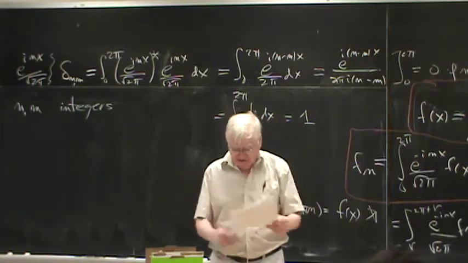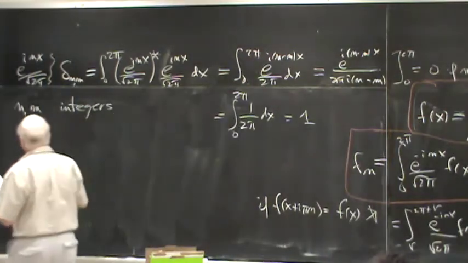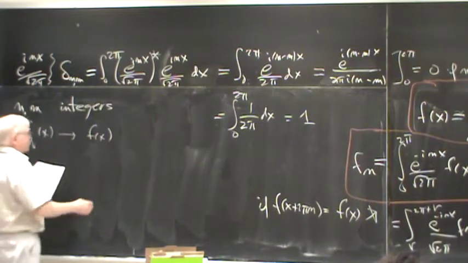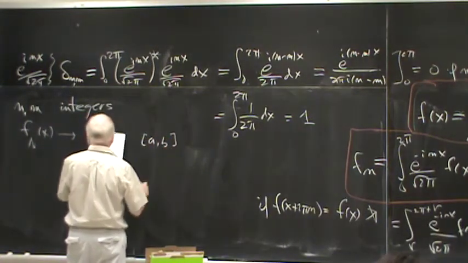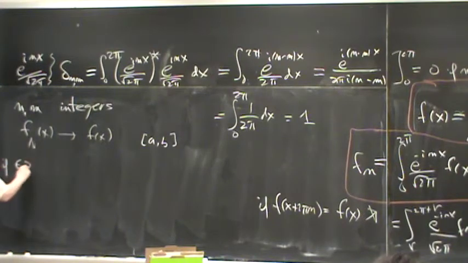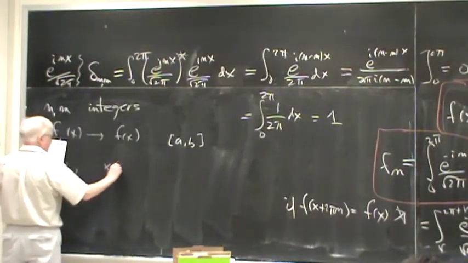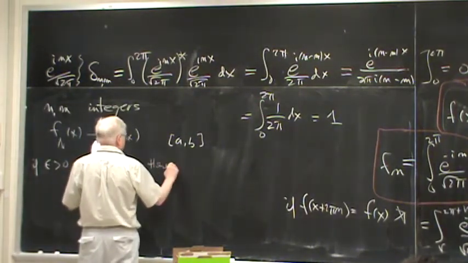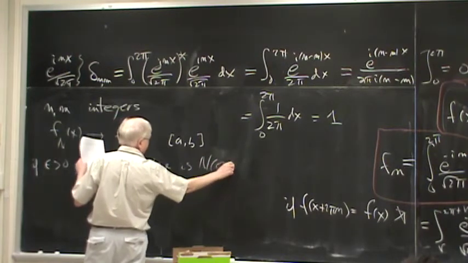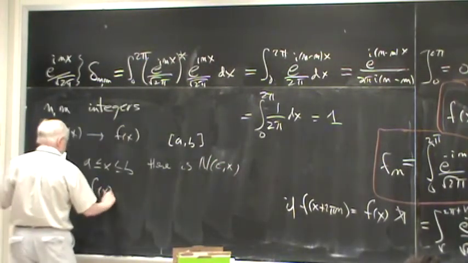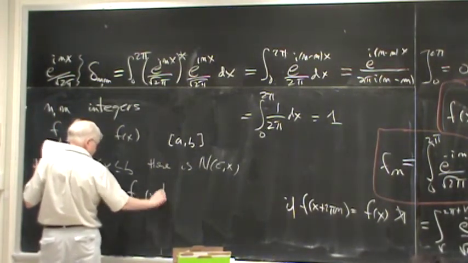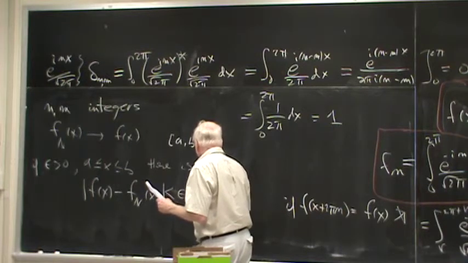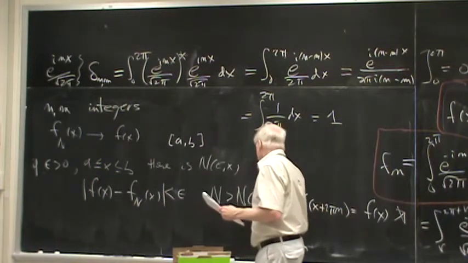First of all, a series of functions f_n converges to f of x on a closed interval ab if, for every epsilon greater than 0 and every x with a less than or equal to x less than or equal to b, that's what a closed interval is, there is an integer N depending on epsilon and x such that the absolute value of f of x minus f sub n of x is less than epsilon for all n greater than N of epsilon and x.